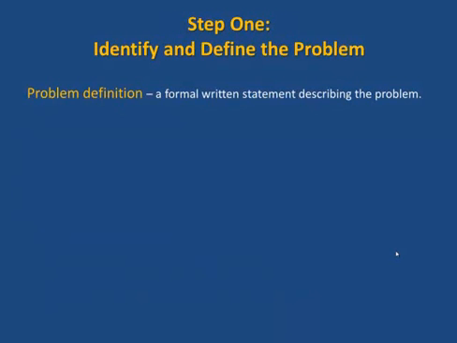So let's look at the problem, the definition of the problem. This actually is a formal written statement describing the problem. Let's take an example. Let's say that you think there's a problem at Palm Beach State College with parking. You could look at this a number of different ways.